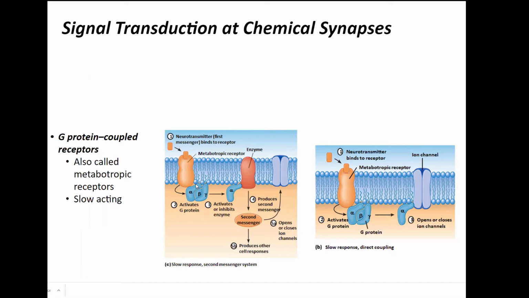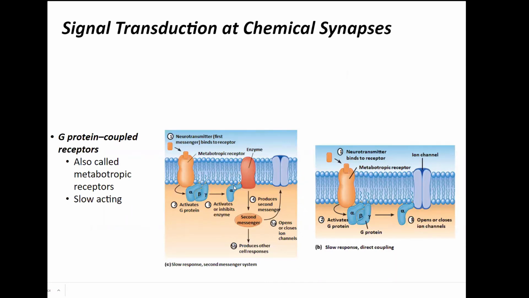So this is basically a peripheral membrane protein. Remember we talked about integral and peripheral membrane proteins. This would be an example of one of our peripheral membrane proteins. So this G protein that's attached to our G protein coupled receptor, when we have the neurotransmitter bind onto the receptor, breaks apart and kind of travels down the membrane a little bit.